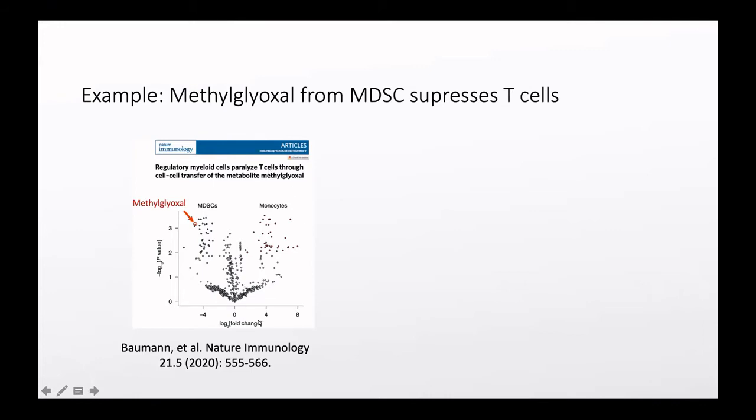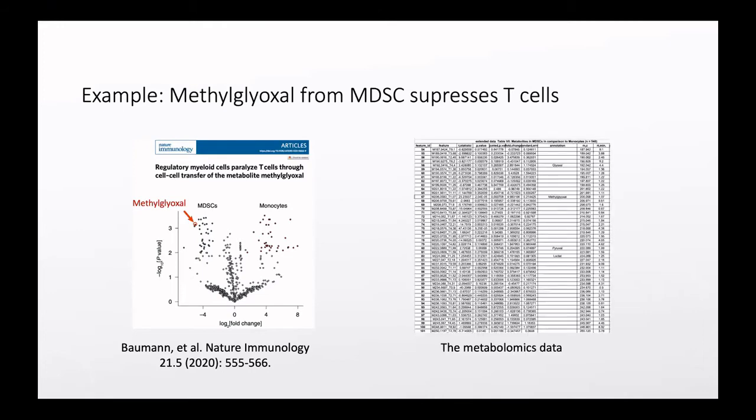If you look at the metabolomic data here, first of all, we got only 540 features measured in the assay. Also, the supplemental table with the full data set is shown here.